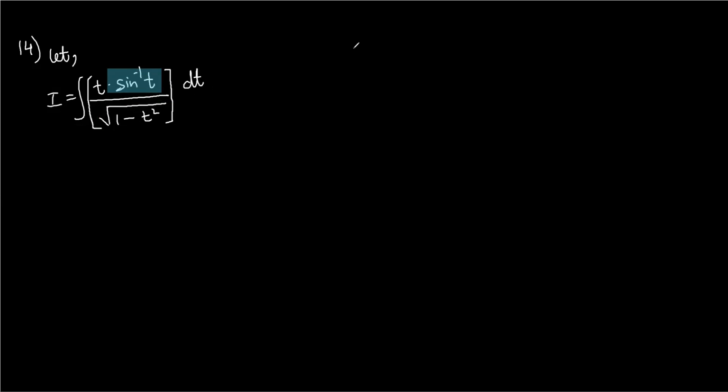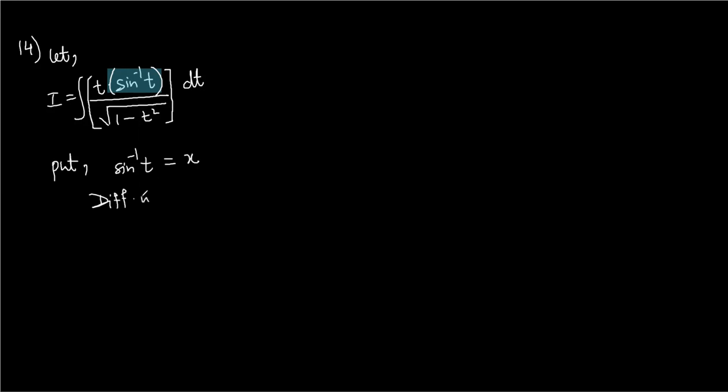Now, how will that happen? Let me solve it and tell you. So here I will put sine inverse t as x. Now this whole thing is in t, so the substitution that I do is in x. Normally when we have everything in x, we do the substitution in t. So here I write, put sine inverse t equals x.